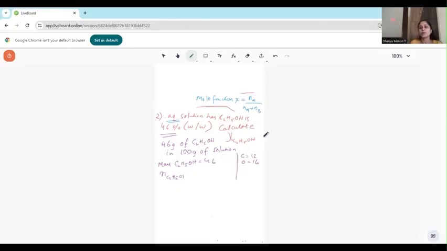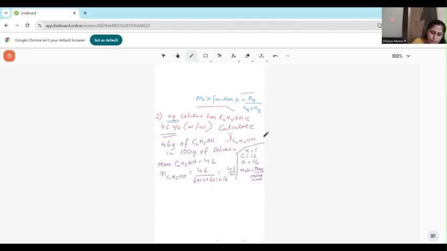By now, you would be knowing the formula. Mass over molar mass. So mass is 46 over 2 times 12 plus, there are 6 hydrogens, times 1 plus 16, which is equal to 46 by 46, which is equal to 1.